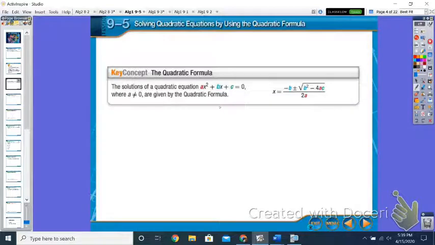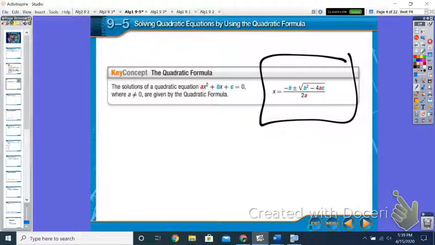And the quadratic formula is right here. It looks super complicated, but it's not that bad. You'll see. Reminder that I uploaded a cheat sheet for chapter 9. So this will be on the cheat sheet. You might just want to have that available so you can keep pulling it up.